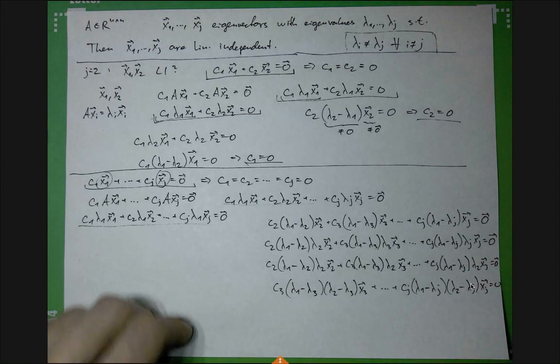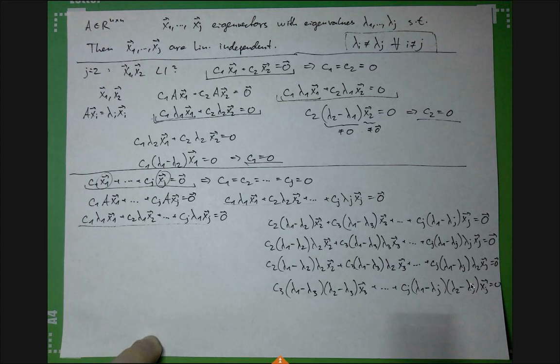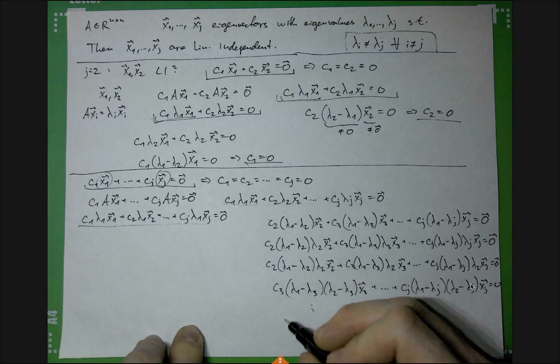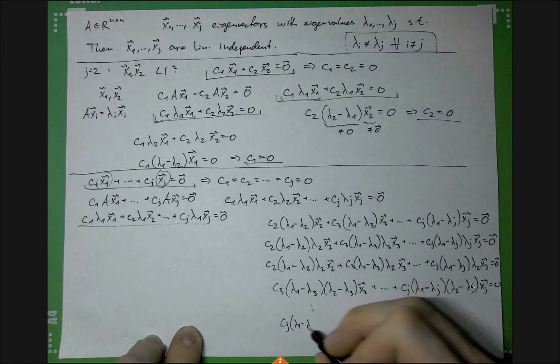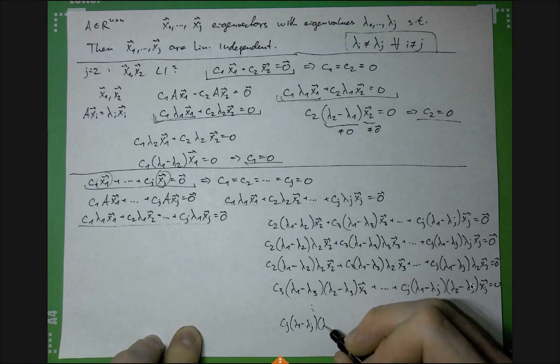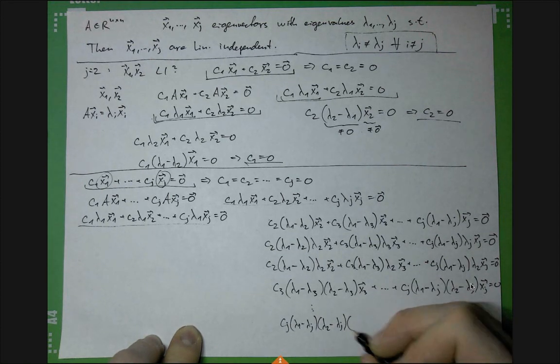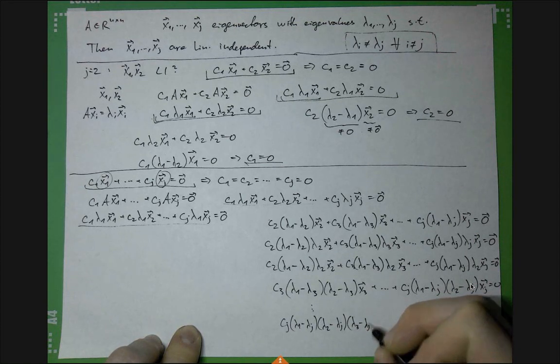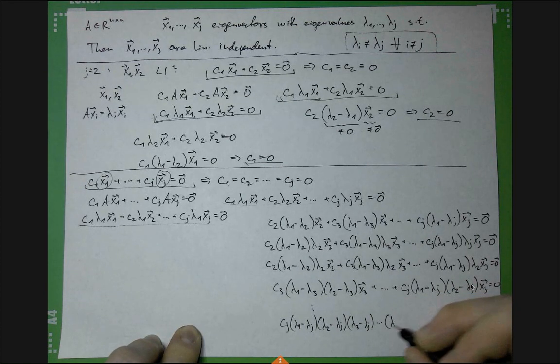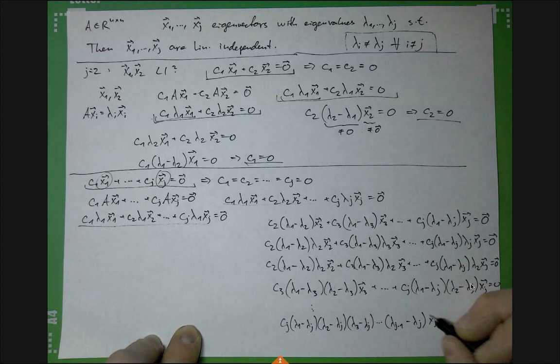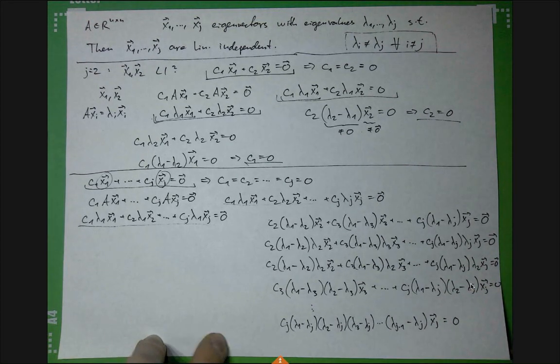So you can guess what would follow. Essentially, I can keep eliminating and eliminating until I get this expression: (lambda 1 minus lambda j)(lambda 2 minus lambda j)(lambda 3 minus lambda j), and so on, up to (lambda j minus 1 minus lambda j) xj is 0.